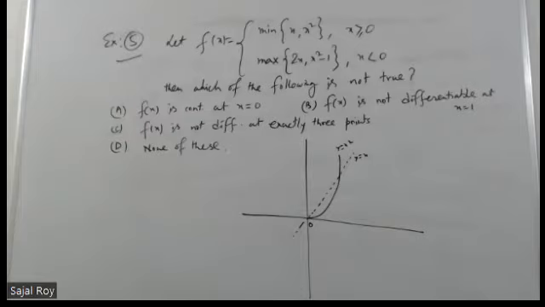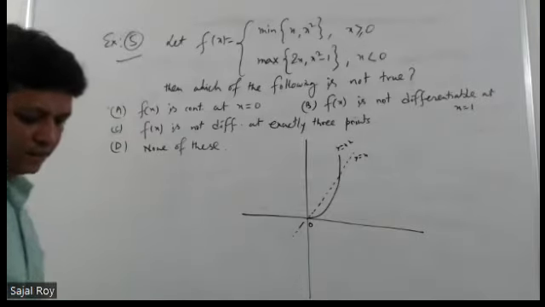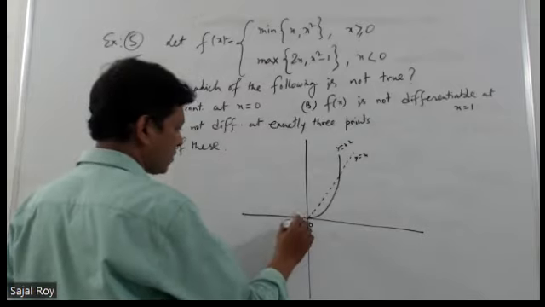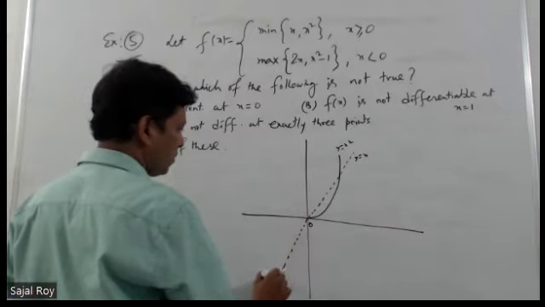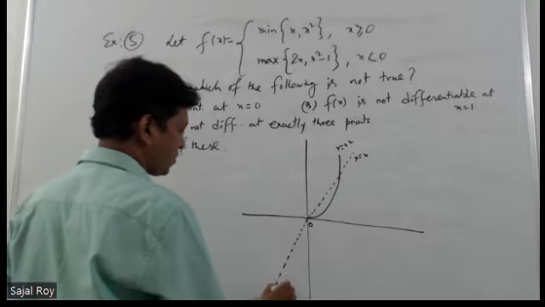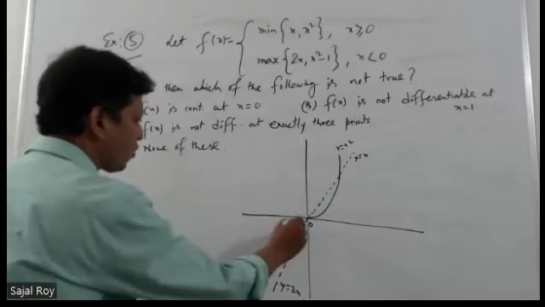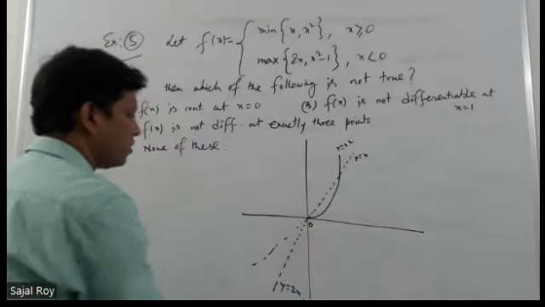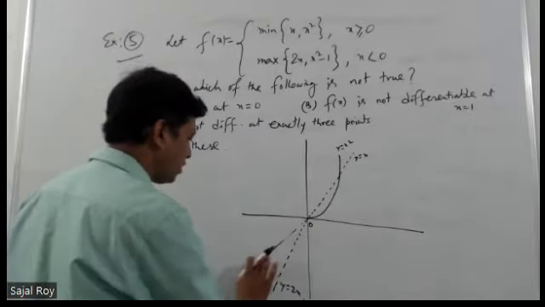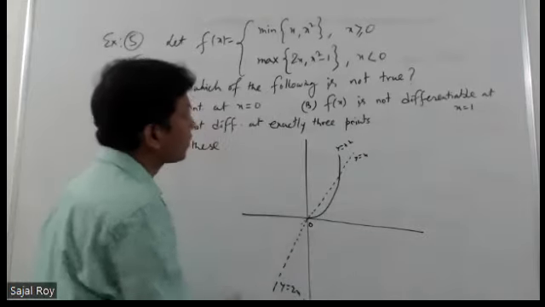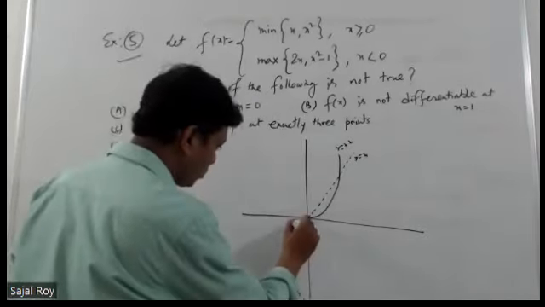For x less than 0, you have twice x. This is, suppose, y equal to 2x. I'm not drawing this portion for x less than 0.